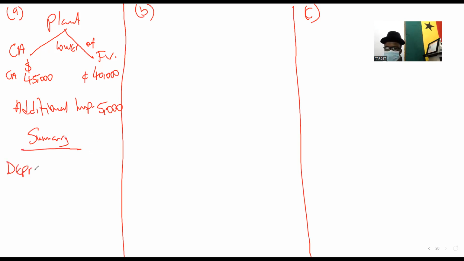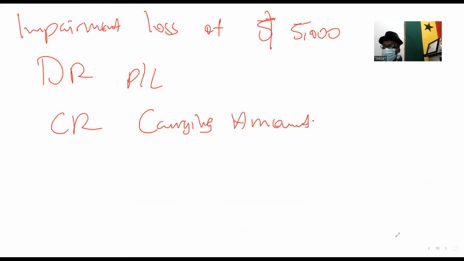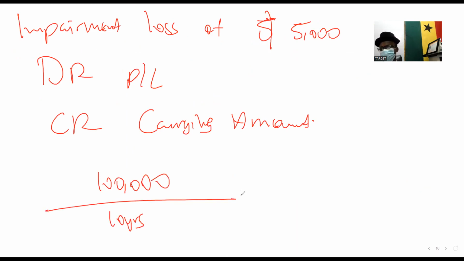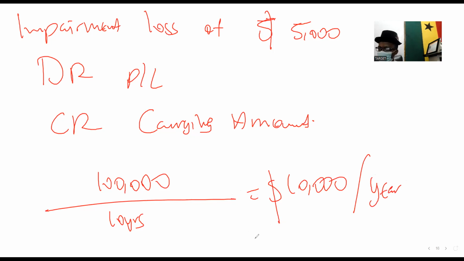So in summary, there will be depreciation of $5,000. How do I get $5,000 for depreciation? Let me show you. See, the asset cost is 100,000, and over 10 years, that will be 10,000 each year. So 10,000 depreciation per year. Then for 2015, the asset was used from January up to when?